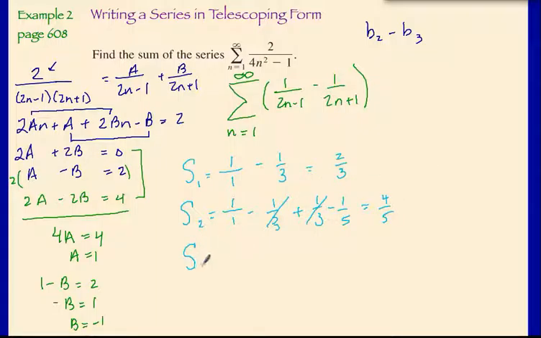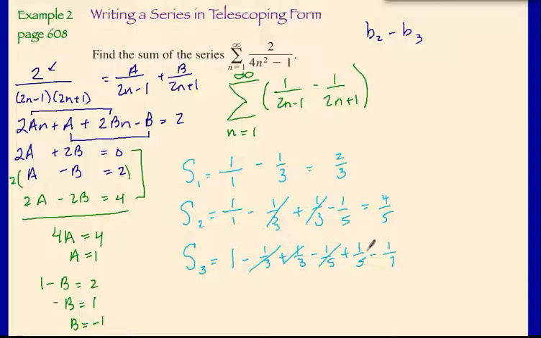Let's look at the third partial sum just for fun. It's the first one, might as well write that as 1 now, plus the second one, plus the third one, which we get from putting 3 in for n. 6 minus 1 is 1/5. And then putting 3 in here, 6 plus 1, minus 1/7.